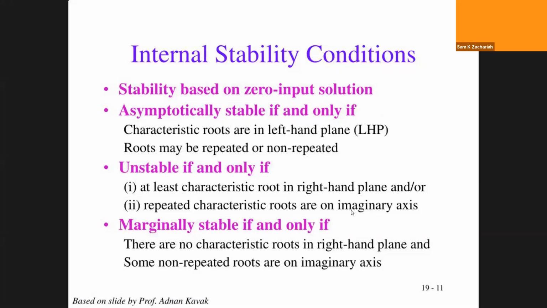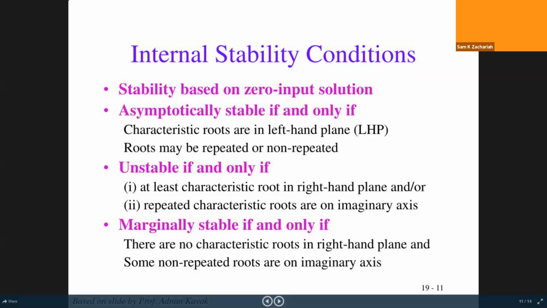They are not repeated. But if you have two roots on plus j omega 1 and two roots on minus j omega 1, then it will be unstable. If you have two roots at the origin, it will become unstable. That is, 1 by s square, for example, is unstable. So these are all unstable conditions.